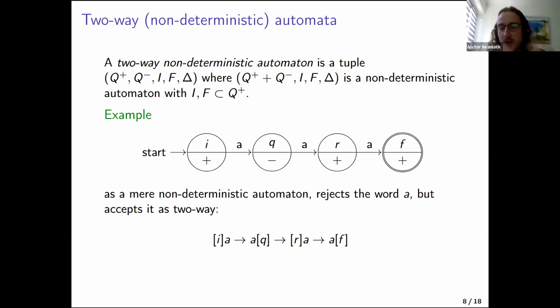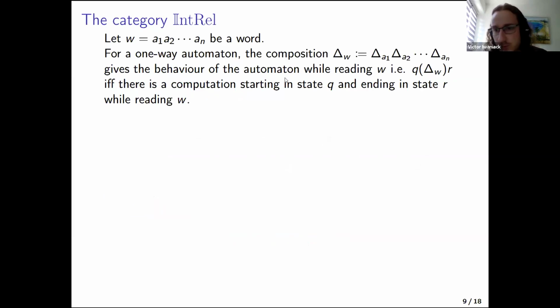So as you can see, there's a very big difference between the automaton seen as one-way or two-way. And this is the reason why the functorial representation breaks if we don't do anything. Because if you take a non-deterministic automaton, you can see how the automaton behaves by just looking at how the letters act on states, and then you compose as relations, okay?